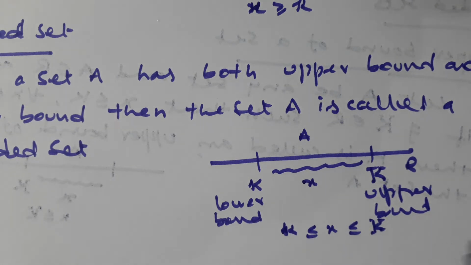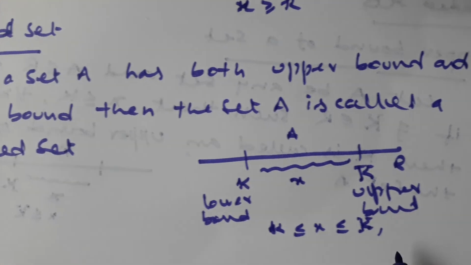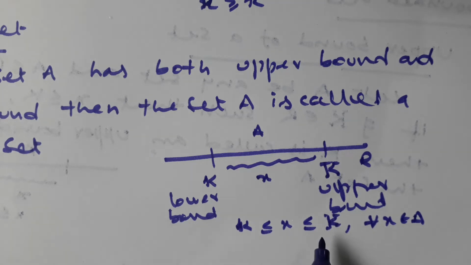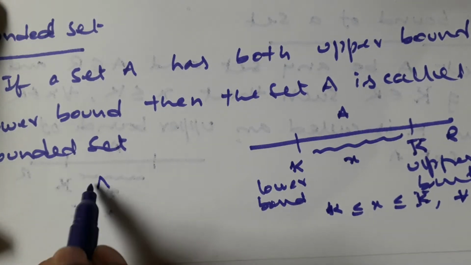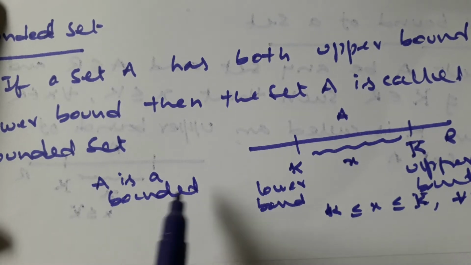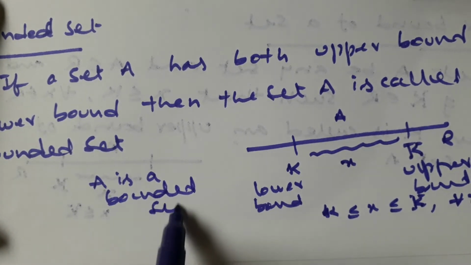For all x belongs to A, this condition is true. What is that inequality condition? Small k is less than or equal to x is less than or equal to capital K. It means the set A has both upper bound as well as lower bound. Then the set A is the bounded set.